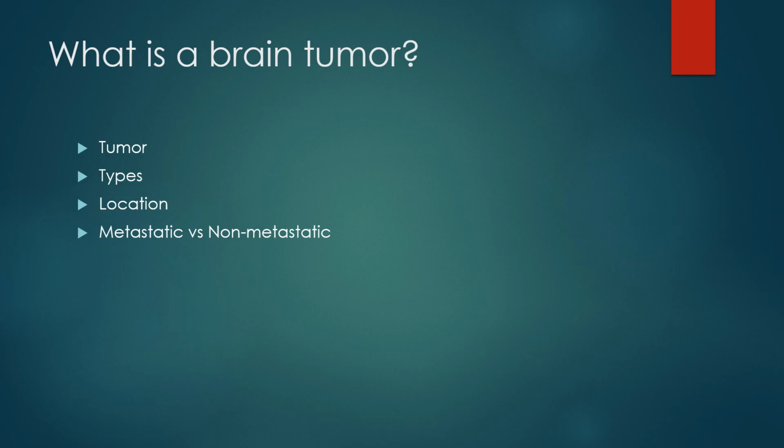Metastatic means that the tumor originated elsewhere in the body and moved to the location that the tumor was found. And non-metastatic means that the tumor originated where it was first discovered.